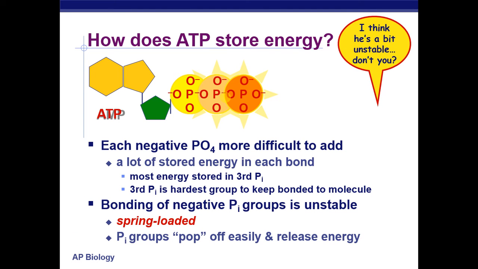So you can think of this kind of like a spring. When we're adding the phosphate groups, it's like compressing the spring. And when we take one away, it's like unloading the spring and releasing all of the energy that's stored in those bonds.